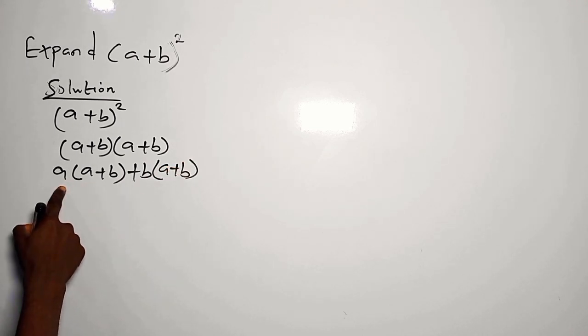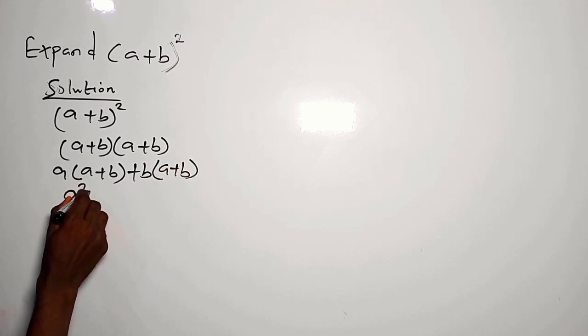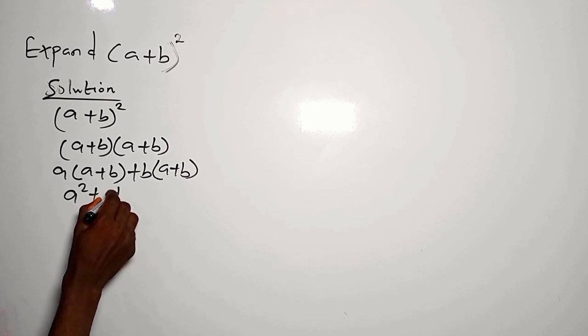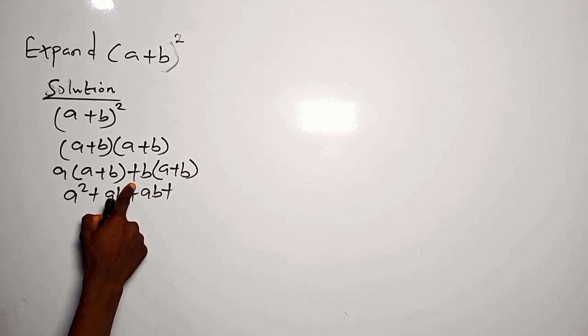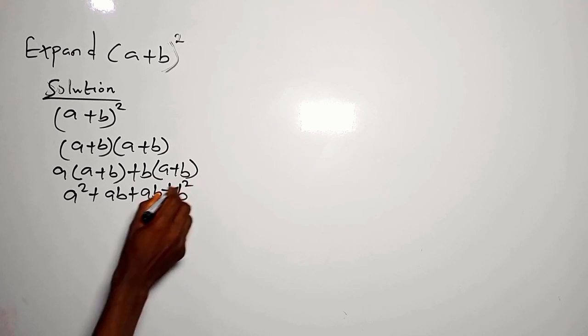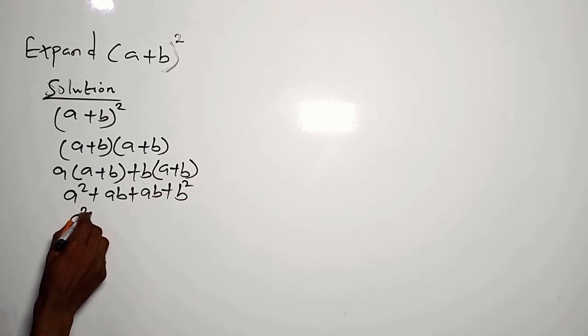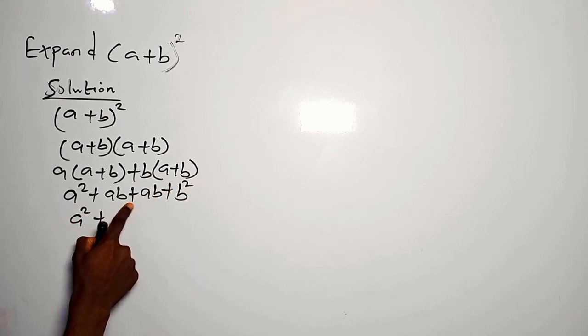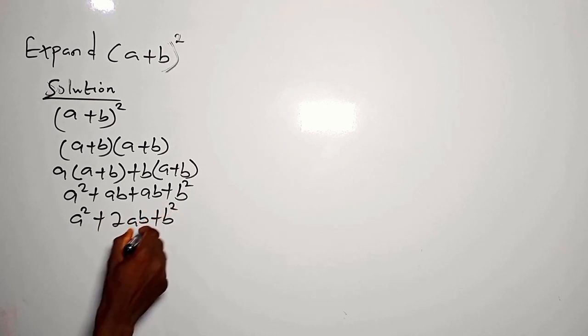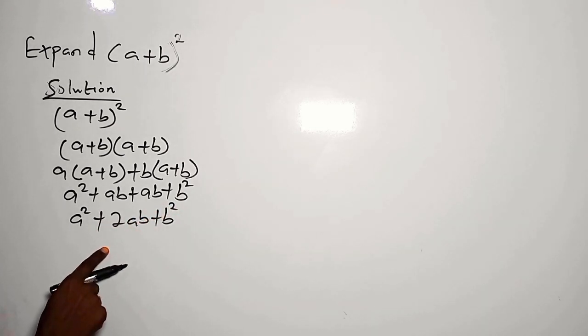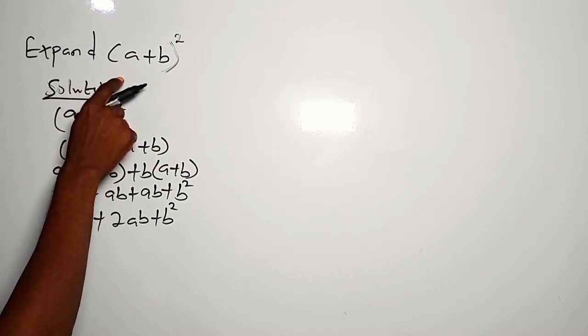By the time we distribute, we have a times a to be a squared, plus a times b to be ab, plus b times a is ab, plus b times b is b squared. So ab plus ab is 2ab, giving a squared plus 2ab plus b squared. These are our results when we expand (a plus b) squared.